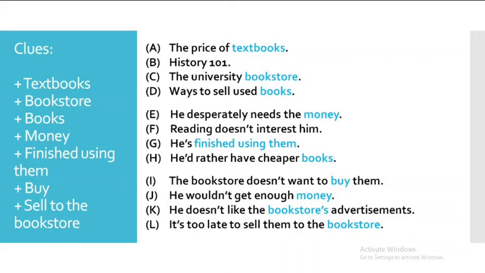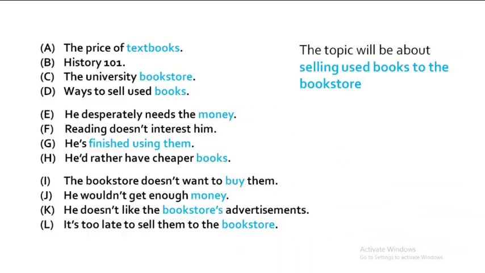There are textbooks, bookstore, books, money, finished using them, buy, sell to the bookstore. After we look at the words and expressions, and also the groups of answer choices, we can find the topic. It is selling used books to the bookstore.